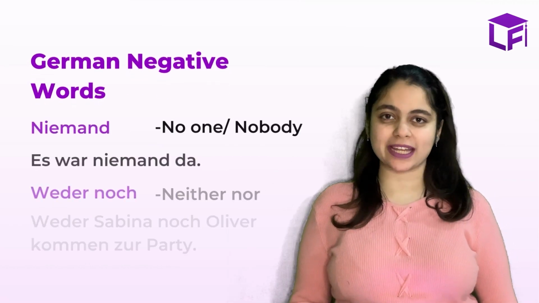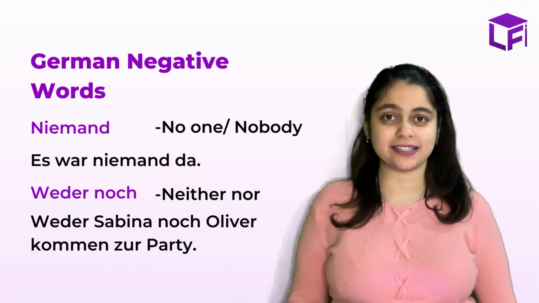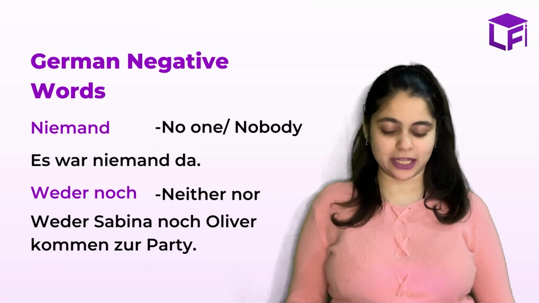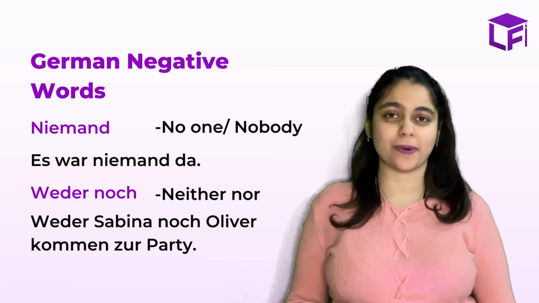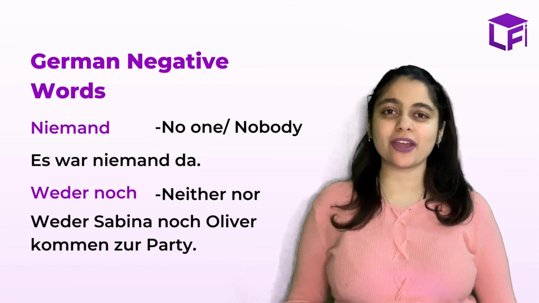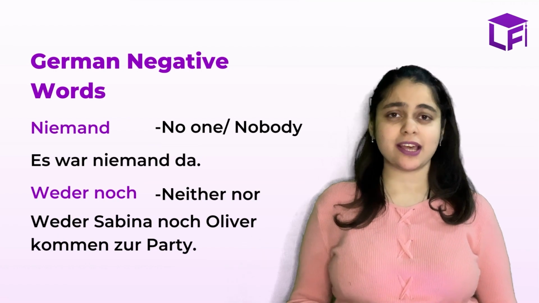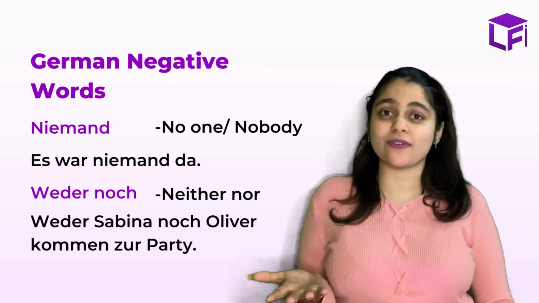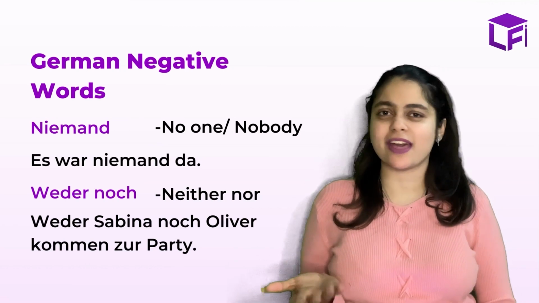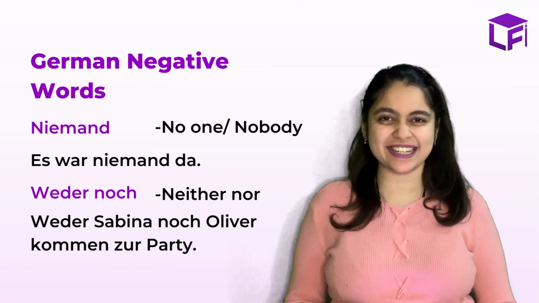The fifth negative is niemand. Niemand in English means no one or nobody. Coming on to the Beispiel for the same. The Beispiel says, Es war niemand da. There was no one there. Sounds easy, isn't it?